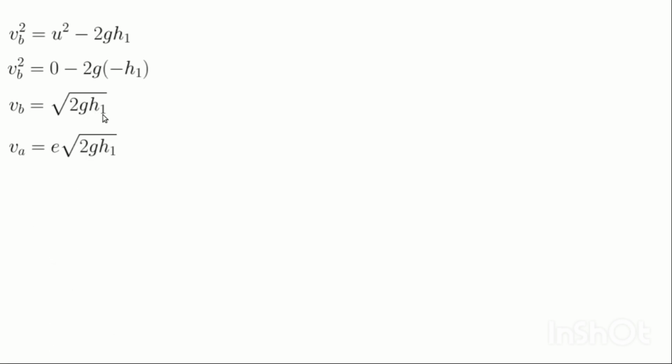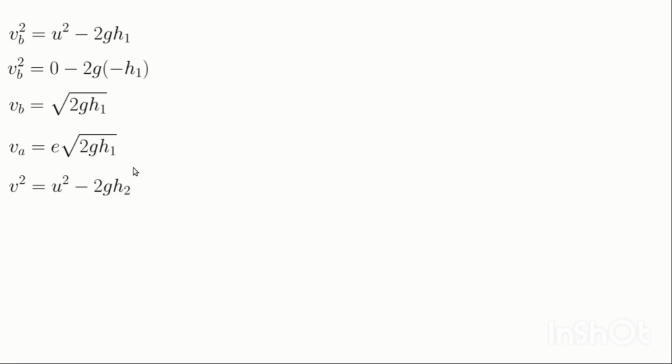We move on to VA, because we have already established a connection between the before velocity and after velocity using the coefficient of restitution. If you check the previous slide, you notice that to get the after velocity, with which it leaves the height, just multiply e to this one, and that gives us the value. With this, we can compute the new velocity with which it leaves.